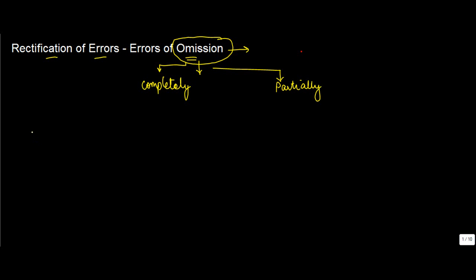So let's say, for example, I purchase furniture for rupees 1,000 in cash. And let's see what the error of omission, completely or partially, would mean. When we talk about errors of omission which are completely omitted, these are known as errors of complete omission.